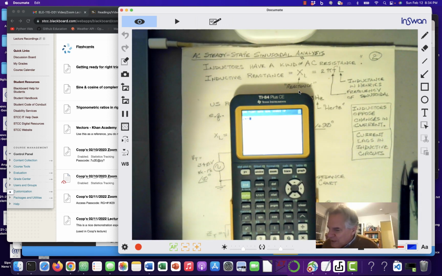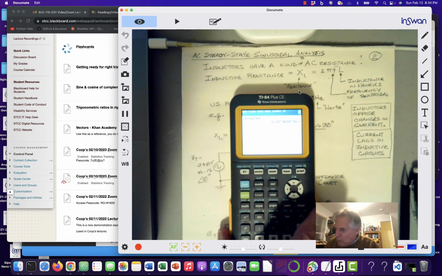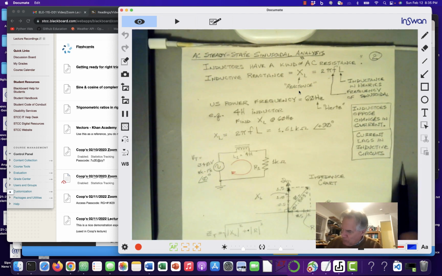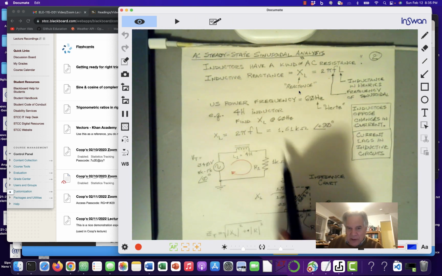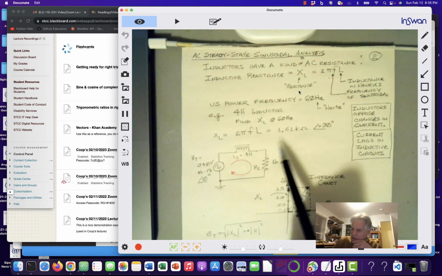It's 2 pi times the frequency, which is 60, times the inductance, which is 4, and I'm getting about 1.51 kilo ohms.